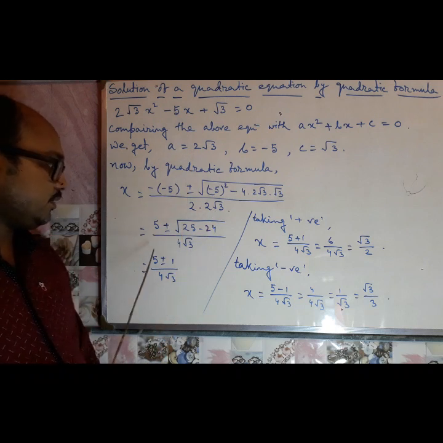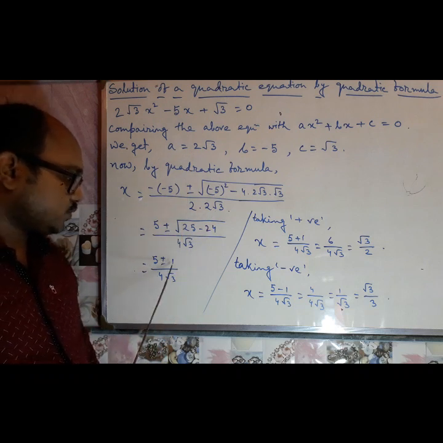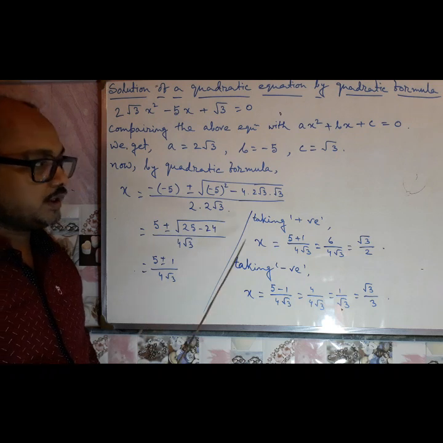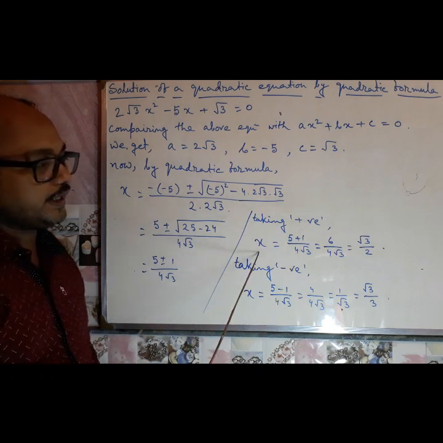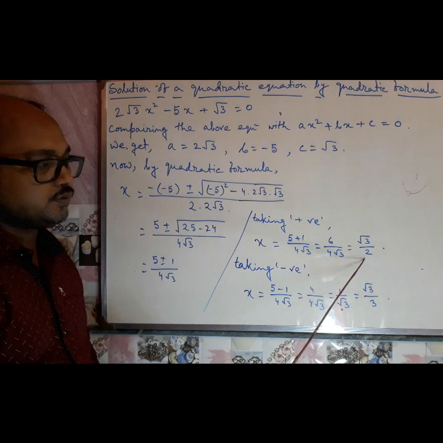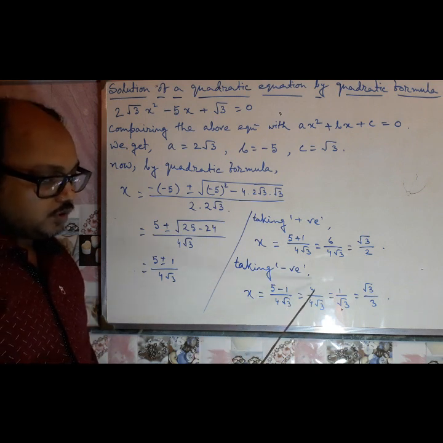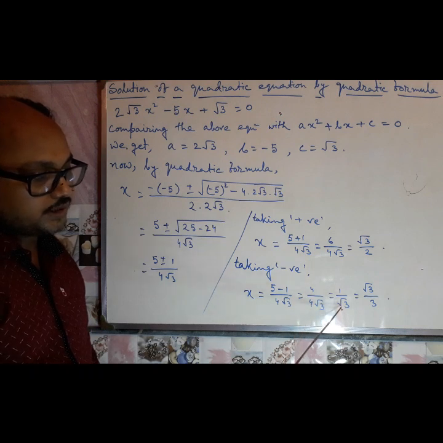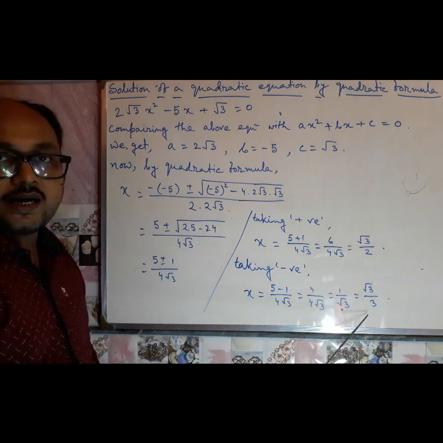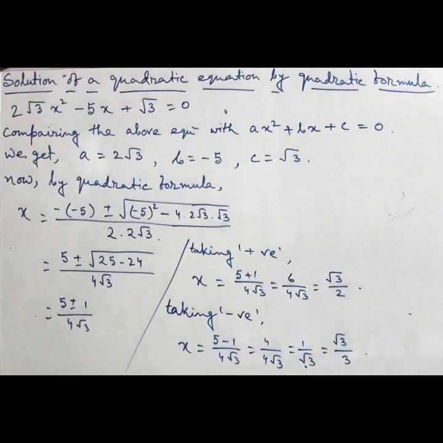Then by calculating we will get 5 plus minus 1 by 4 root 3. Now taking the positive sign we will get the value of x is equal to root 3 by 2, and taking the negative sign we will get x is equal to 4 by 4 root 3, that is 1 by root 3, rationalizing, root 3 by 3.